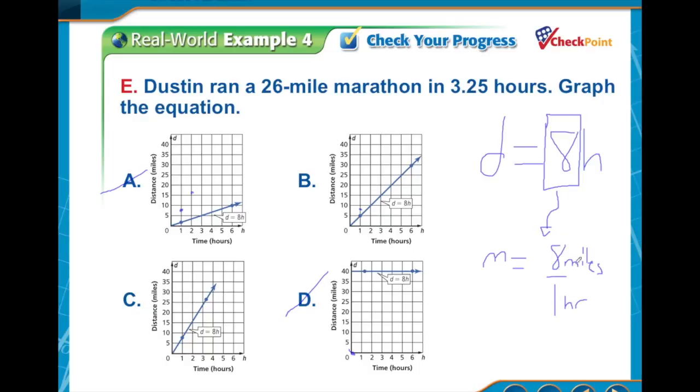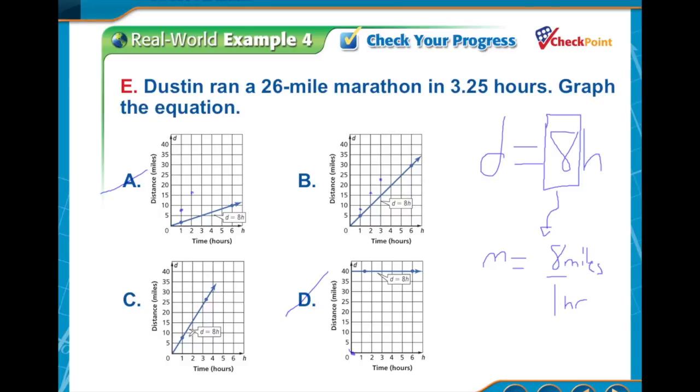Well, 2 hours would be 16 miles. So we'll go up to 16. Notice again, this is still too low. If I did 3 hours, 8 times 3 would be 24. So I'd be up here. And still we see it's getting further away from where it's supposed to be. B does not look right. So let's hold off on that as we check the other solution, C.